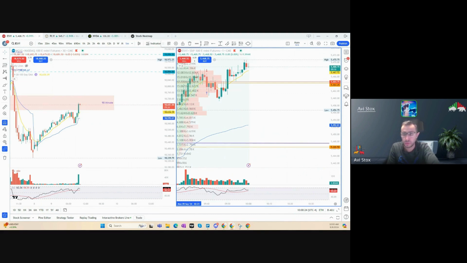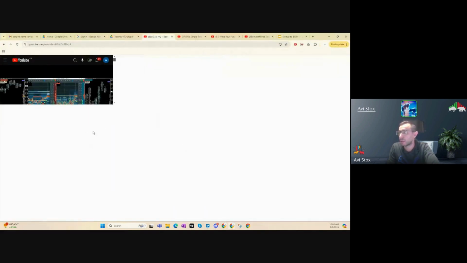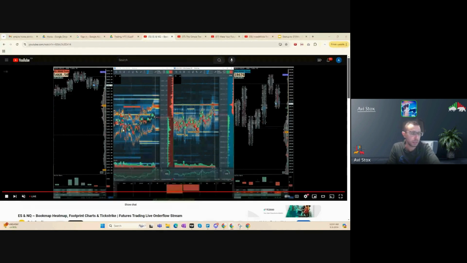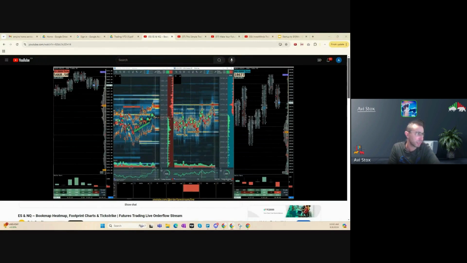If you look from the perspective of right here, what we can see is those bubbles or green balls. They were basically the larger sizes, and most of those ones are small bubbles, right?